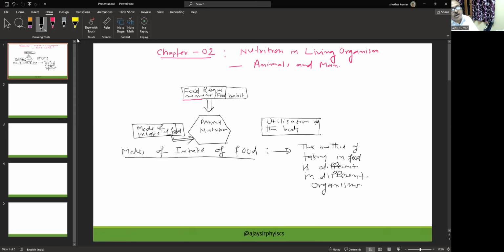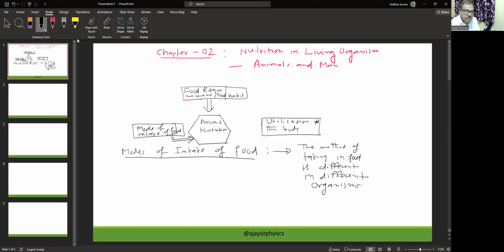There are relevant parts of their bodies that get modified in a manner that makes it easy for them to eat their food. There is some modified way of the parts to take the foods in different organisms.